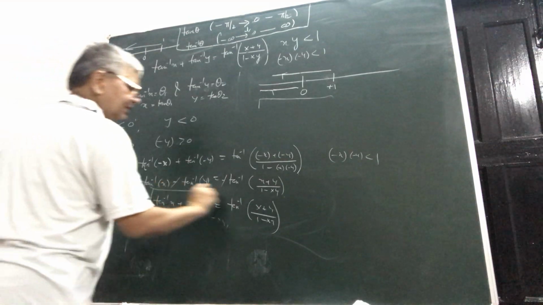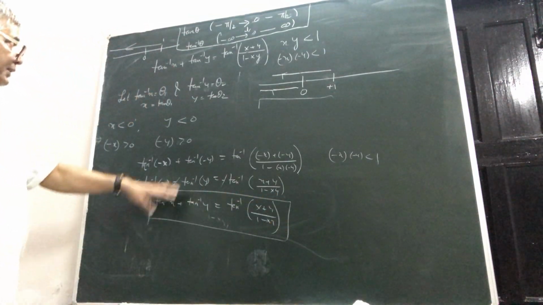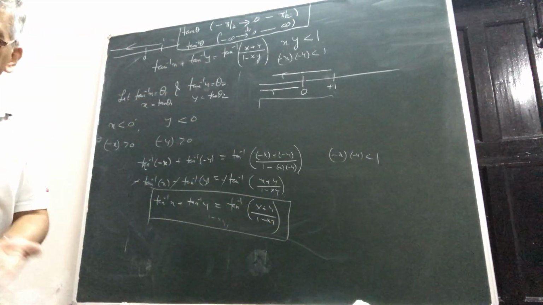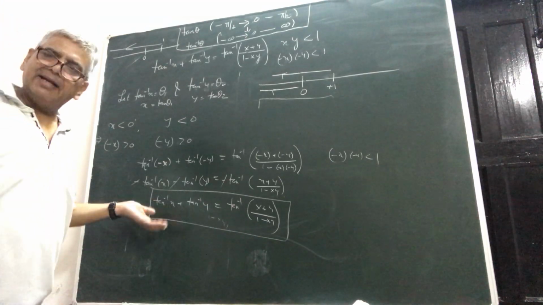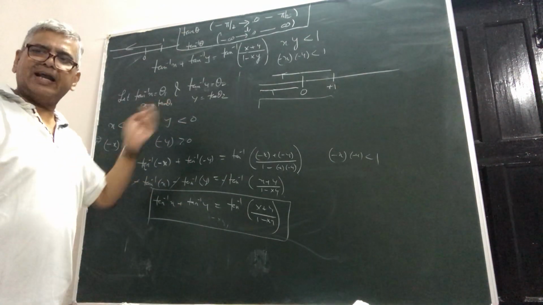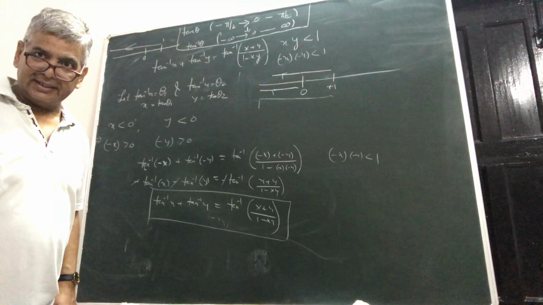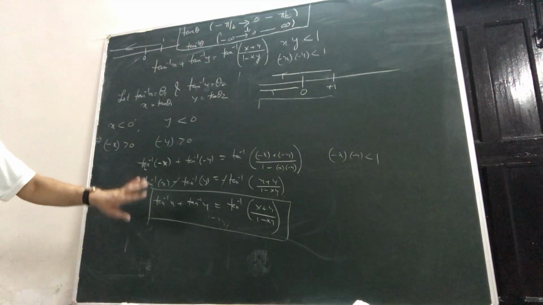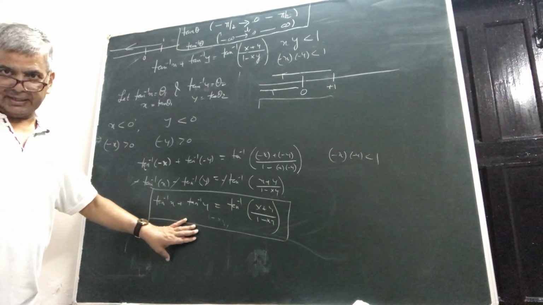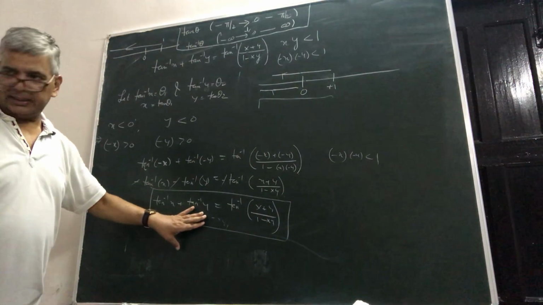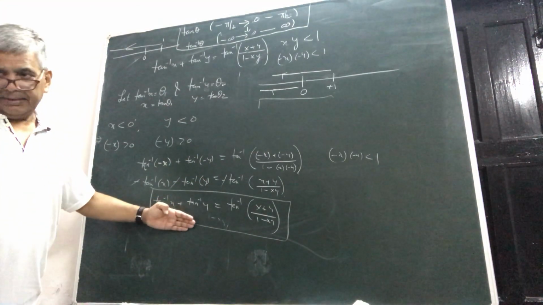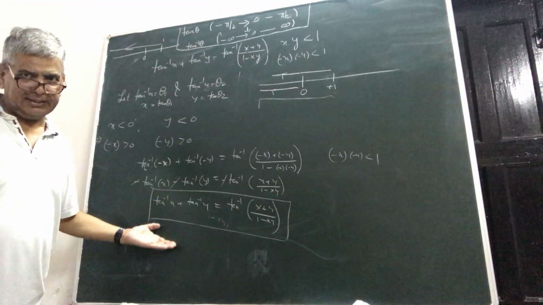See, this result will apply. We have not derived it independently. You could have well derived it independently the way we derived the second result for x greater than 0, y greater than 0. But here I am purposely not deriving it that way. I am taking an indirect method. But if you wish, you can derive it independently.